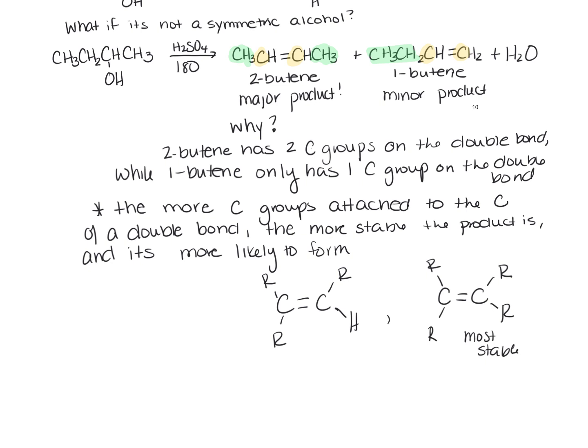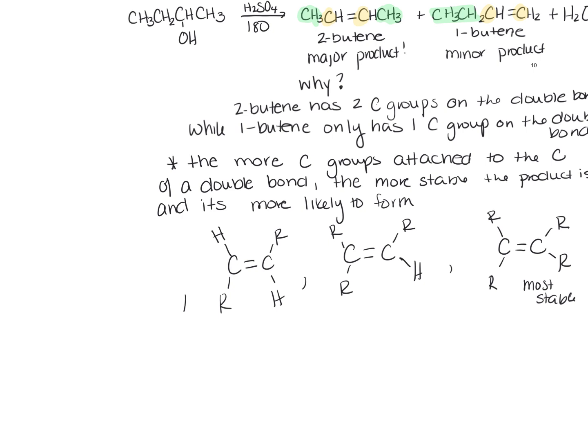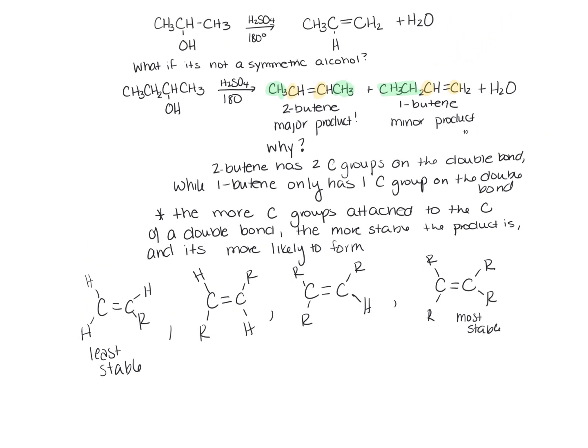And then you can have a carbon-carbon double bond with 2 R groups, and this can either be cis or trans. Okay. And then you can have a carbon-carbon double bond with just 1 R group, and this is the least stable. So when you're trying to pick the major product, you have to look at how many R groups or carbon groups are attached to the carbon of the double bond.